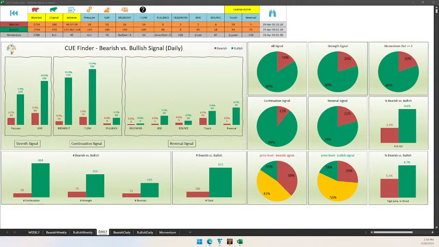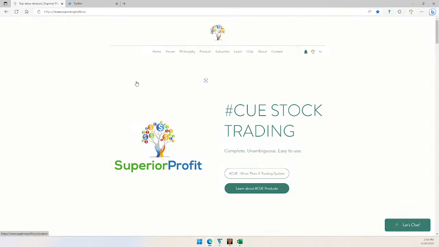On Thursday or Friday, I shared a trading idea that didn't confirm the trade, but let's look at that. I posted it on my website in the forum. Let's go to the forum.